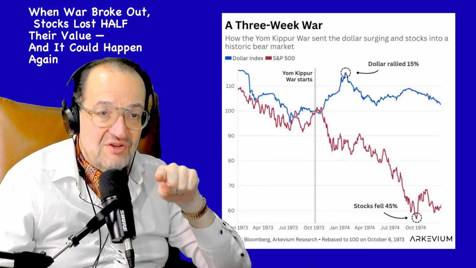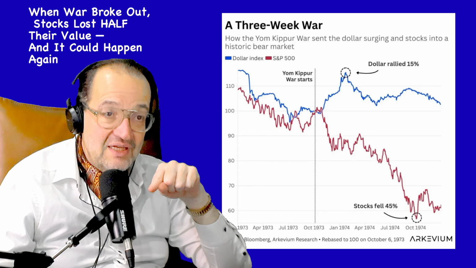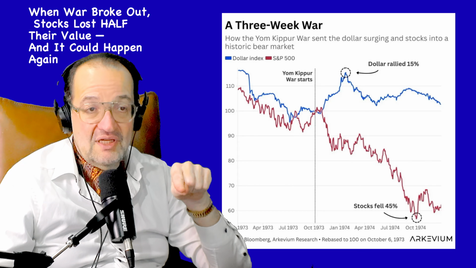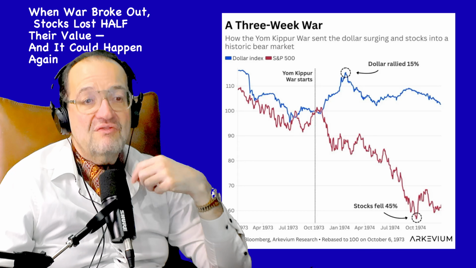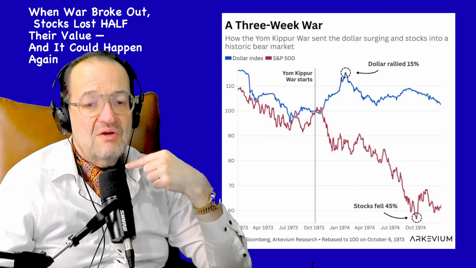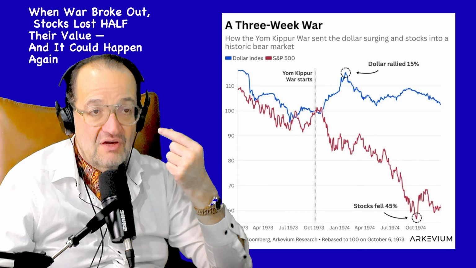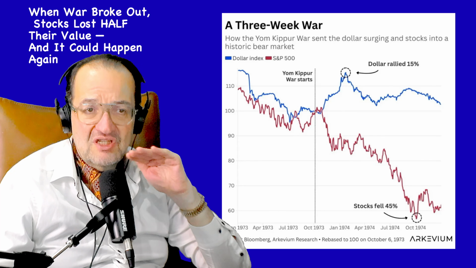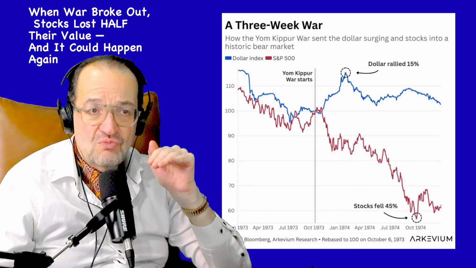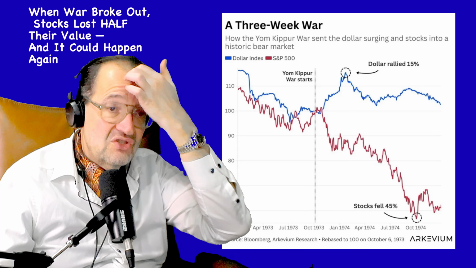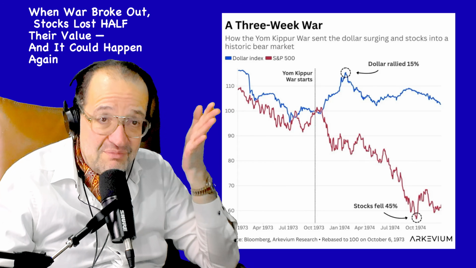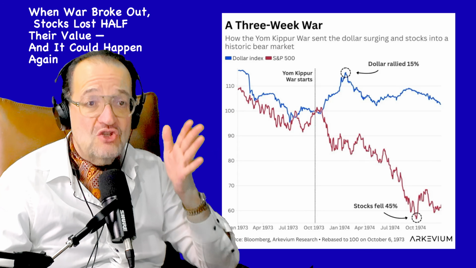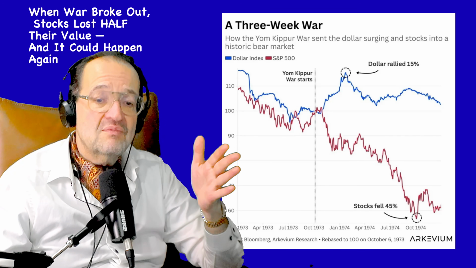When the dollar eventually came back down after hitting its peak in early 1974, stocks started very slowly and very painfully trying to recover. That inverse relationship, this tendency for the dollar and stocks to move against each other, is not just a historical curiosity, it's a fundamental pattern that plays out in financial markets over and over again.